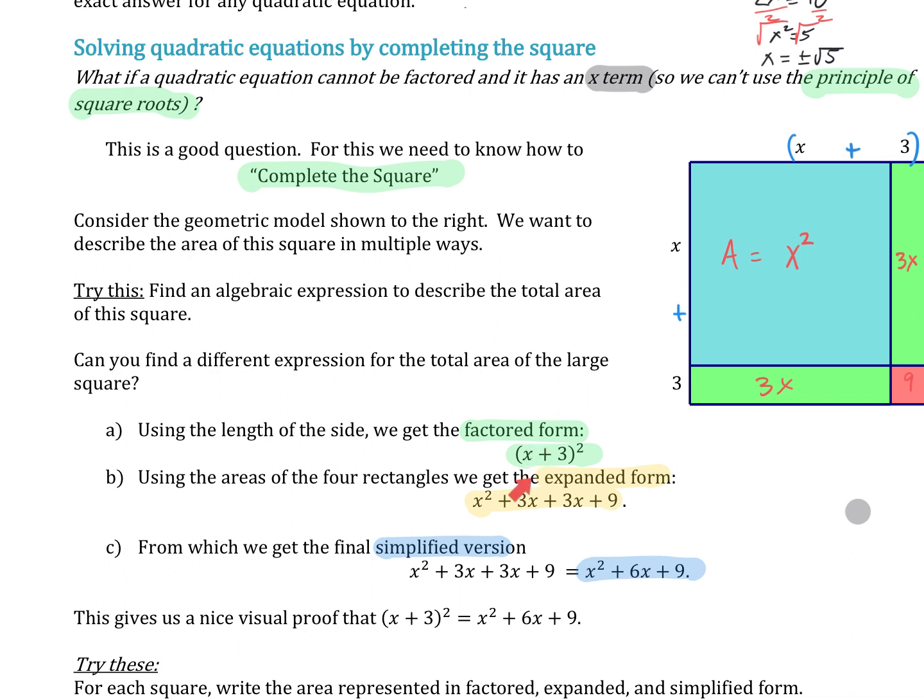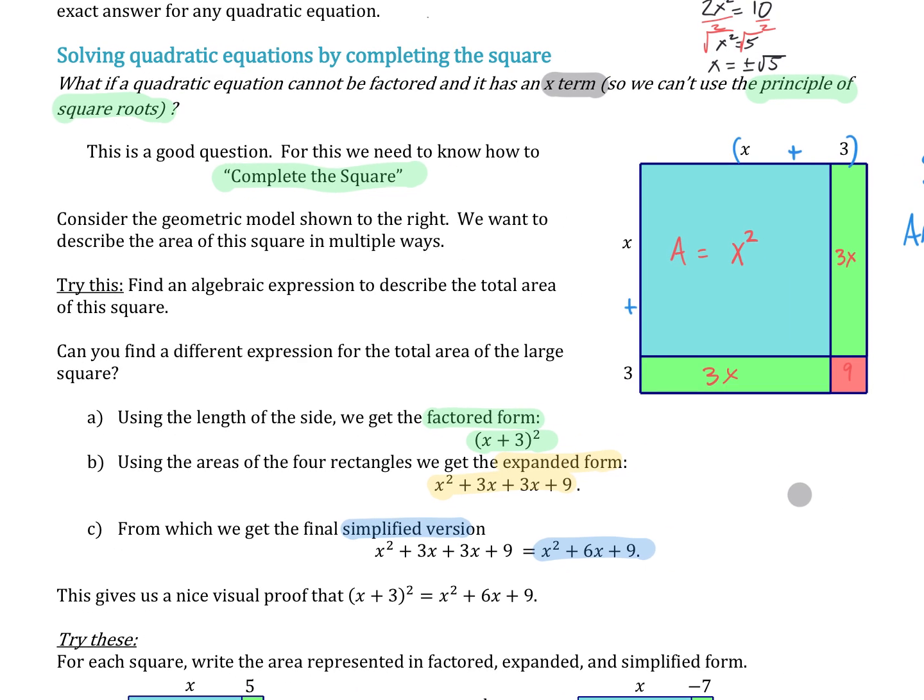Now, all of these three expressions represent the area of the shaded region, so they're all equivalent because they all represent the same thing. This is a nice way to prove that x plus 3 squared is x squared plus 6x plus 9. And we've talked about that a little bit in the last few lessons. Remember, it's not just x squared plus 9. Don't just go squaring these. There's that 6x in the middle.